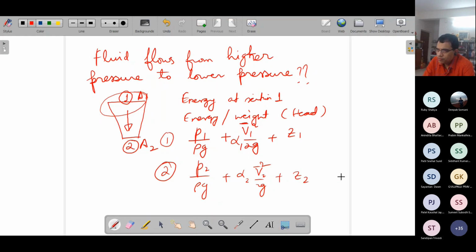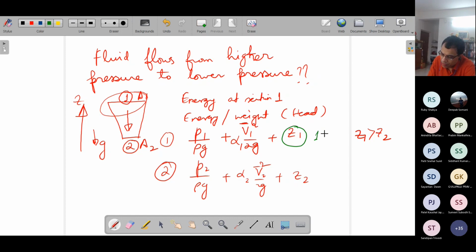First of all, as per this figure, let us say this is the z direction and this is gravity. So z1 is greater than z2 for sure. So let us take some data, just numbers, just to make us feel more comfortable. Say this is 10 meter and this is 9 meter.